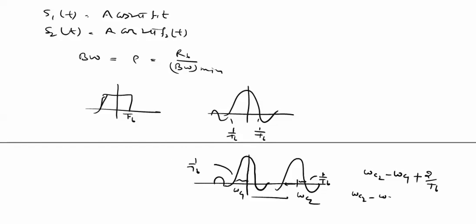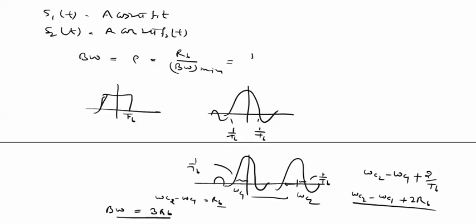Omega C2 minus omega C1 should be at minimum RB. To maintain waveform continuity, 3 RB is the minimum FSK bandwidth. So the bandwidth efficiency is RB upon 3 RB, that is 1 by 3.